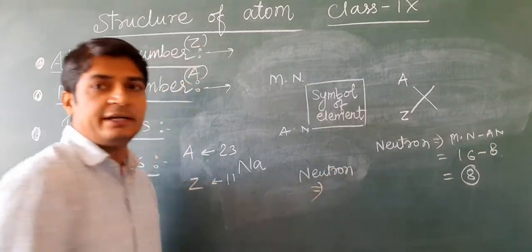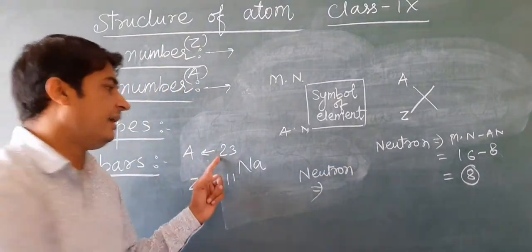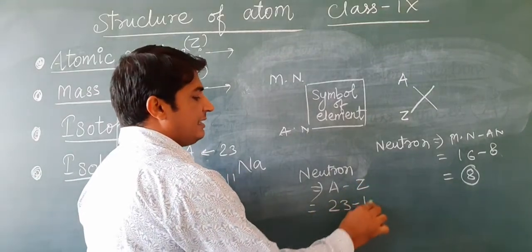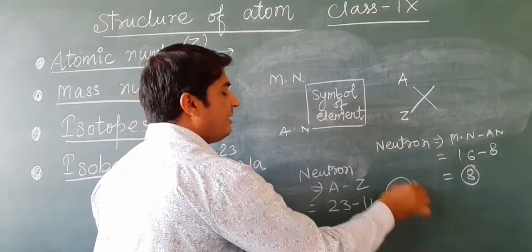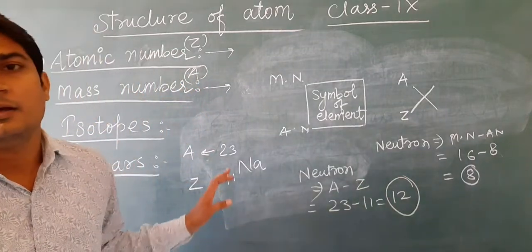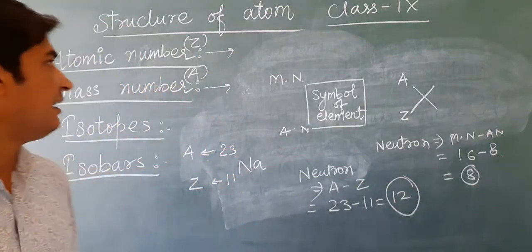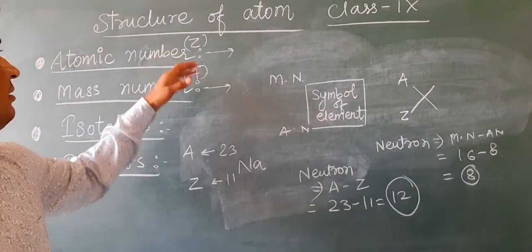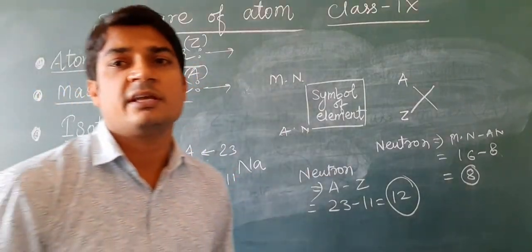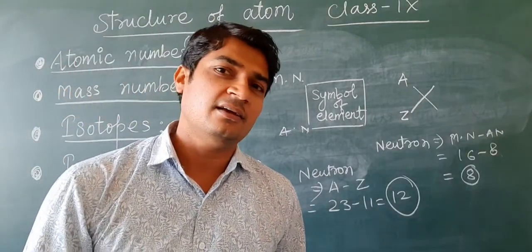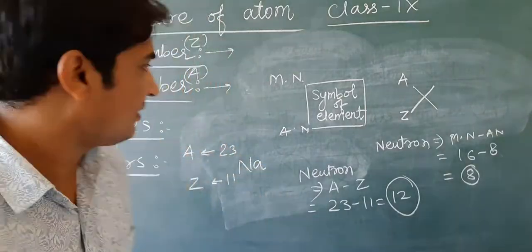Neutrons can be calculated by subtracting A minus Z. A is 23, Z is 11. So there will be 12 neutrons in a sodium atom. Okay. So in this way we can find out the number of neutrons if we know the mass number and atomic number of an atom.